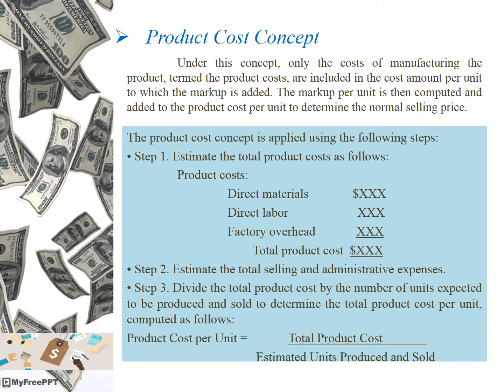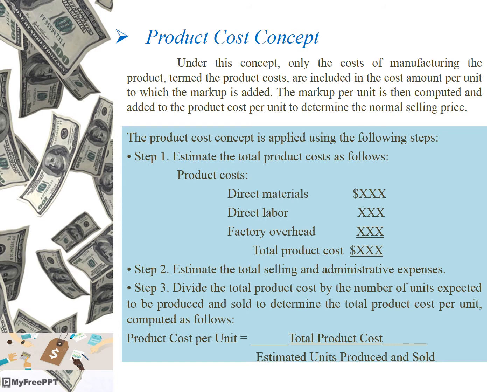The product cost concept is applied using the following steps. Step 1. Estimate the total product costs as follows. Direct materials plus direct labor plus factory overhead equals total product cost. Step 2.